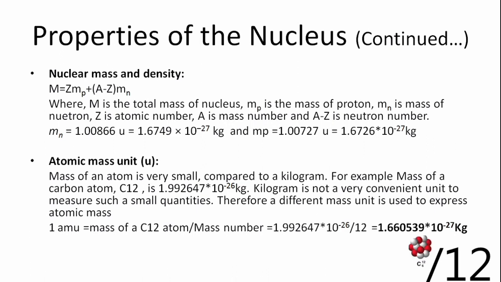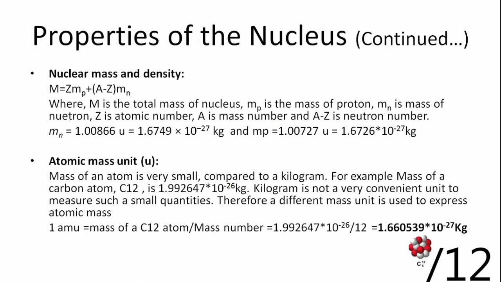Now there is an important unit which we are going to discuss, that is the atomic mass unit. It is also called AMU. There is a need for AMU because the mass of an atom or any nuclear particle is very small when compared to the kilogram. In day-to-day life, we just say we bring some 20 kgs of rice, some 1 kg of vegetables, and so on.